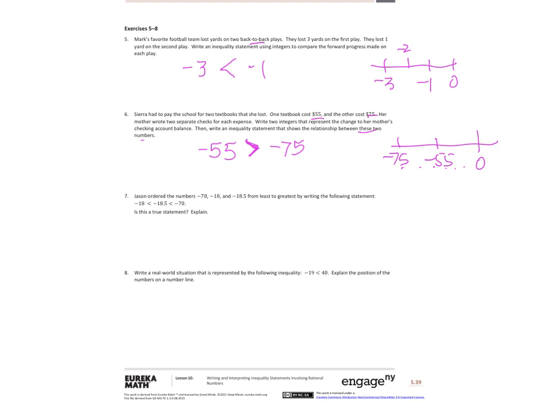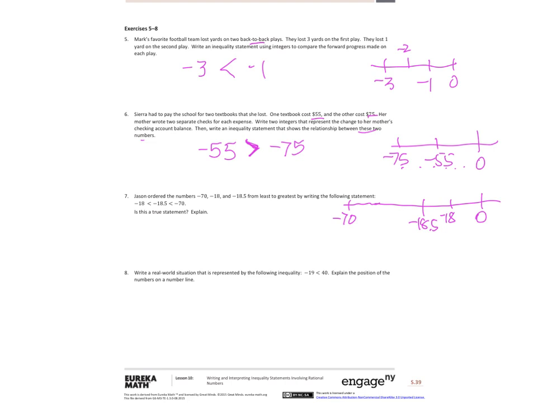Okay. Then Jason ordered the numbers -70, -18, and -18 and 5/10, from least to greatest by writing this statement: -18 is less than -18 and 5/10, which is less than -70. So is this true or false? When I do my number line, I know that -70 is going to be way out here. And then closer to 0, I'm going to have -18 and 5/10, and then I'm going to have -18.